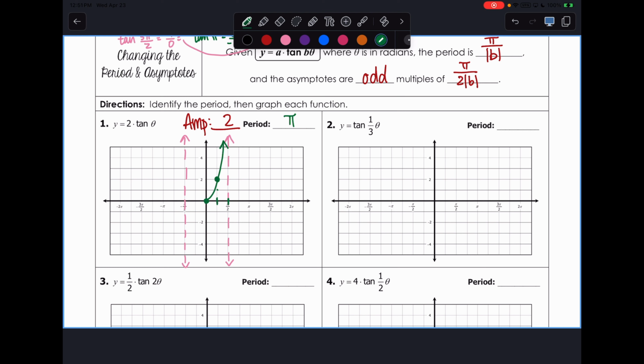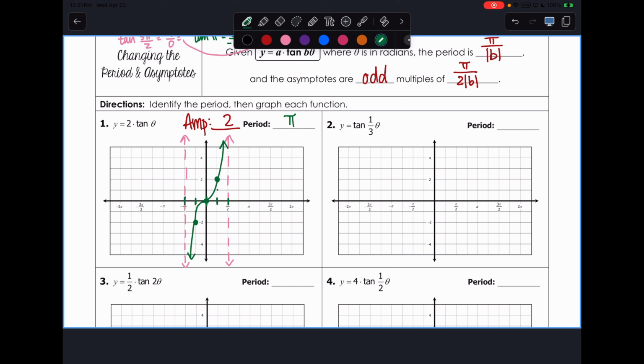Then we're going to go to the left between the asymptote on the left and the center. Halfway in between would be -1/4. I'm going to go down 2. Okay? And then make an upside down U from there. How you doing? You okay? We're going to repeat this picture every pi.